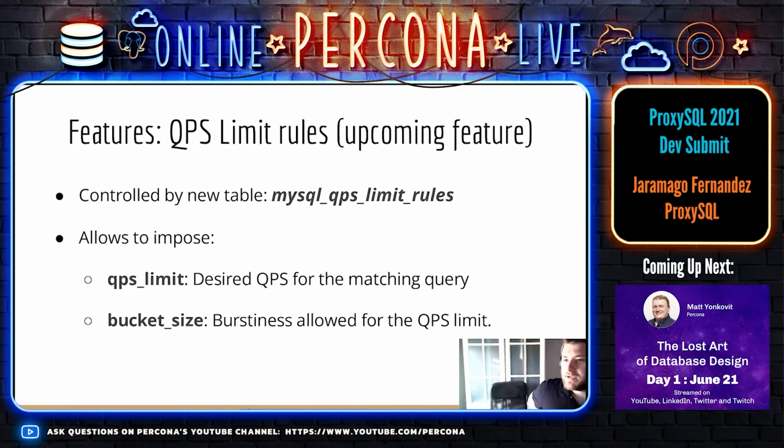Alternatively, this can be called the depth of the token bucket. For more information about how these two parameters relate and how you can get the most out of them, you can refer to the token bucket algorithm, because it's the one that is going to be used under the hood for this implementation.